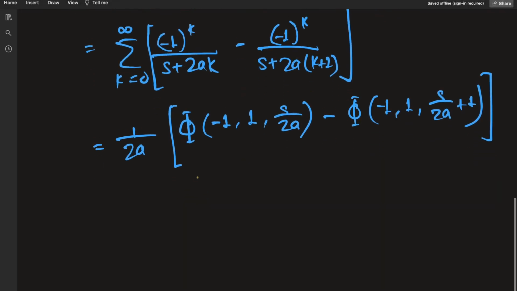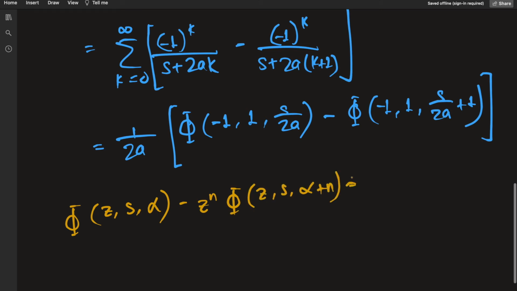Now there is one identity that says that phi of z, s, alpha minus z raised to n phi of z, s, alpha plus n is equal to the sum from k equals 0 to n minus 1 of z to the k over k plus alpha to the s.